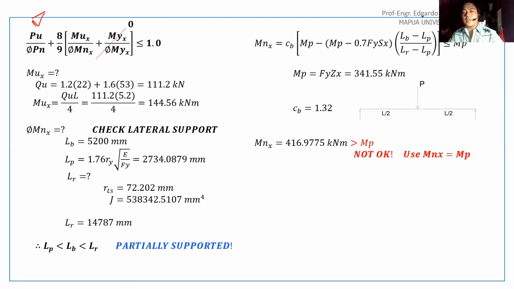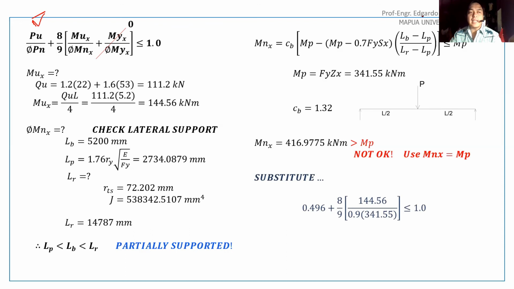So back substituting all the equations in the interaction equation for beam column. Again, yung first term, yung P over phi PN, nasolve na natin yan kanina from the previous slide. So that is 0.496 plus 8 over 9 of MUX. So MUX is here, 144, tapos divided by phi MNX. Yung phi natin again is for flexure, it's 0.9.